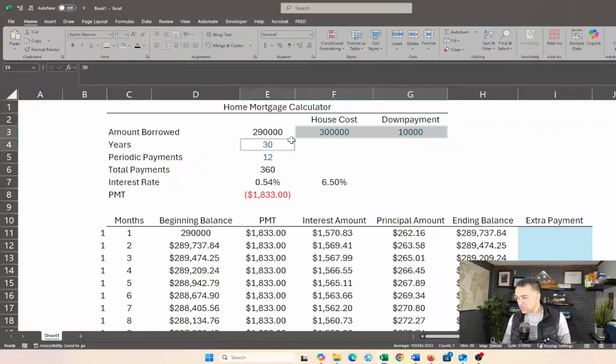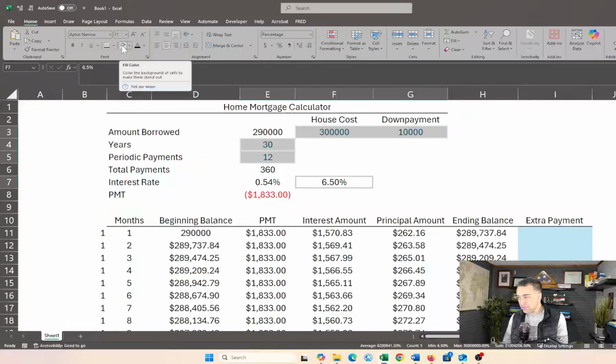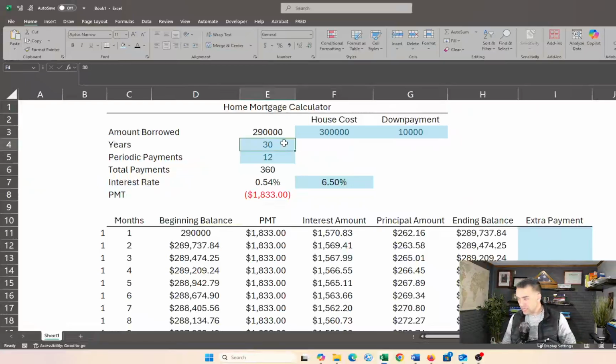We're going to insert the house cost, the down payment we want to make, the periodic payments, and then the interest rate. That's the APR, the actual interest rate that we got, and then the periodic per month is going to be calculated. So I'm going to put that into that blue fill as well.